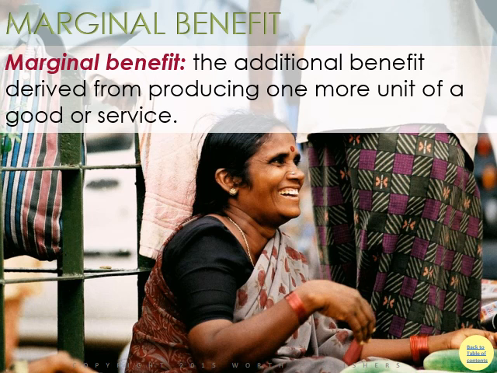Okay, then we're going to compare the marginal cost of one more year of school with the marginal benefit that we derive from going to school for one more year. So the marginal benefit is the incremental or additional benefit that's associated with one more year of school.